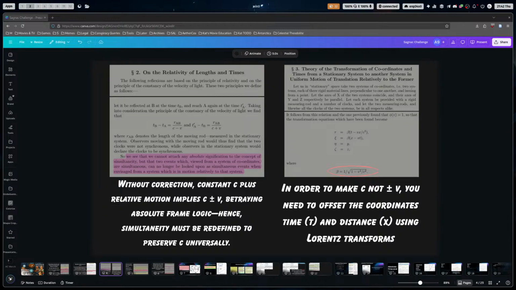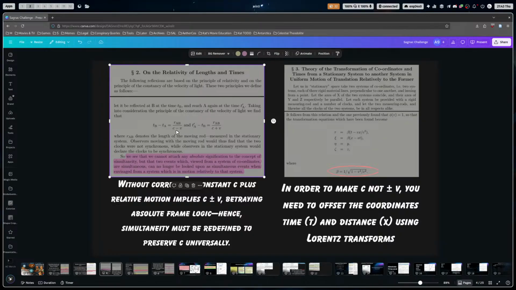So to claim that the mirror motion has no effect on the distance that the light is traveling by the time it gets to the mirror, this is just confounding all of physics. It clearly does have an effect, and that effect is exactly in accord with what is produced when you do the experiment. So here, Einstein is saying, if you're getting c plus or minus v, you're not doing it right.